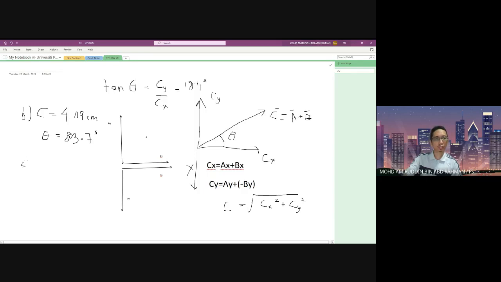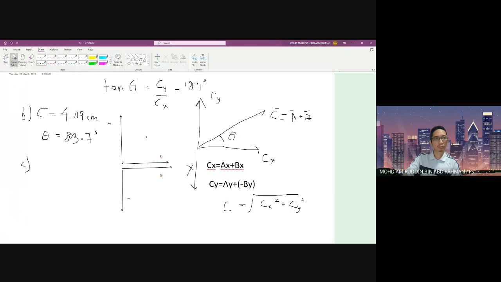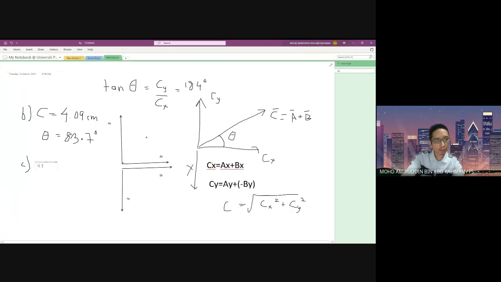That's for B. And then for C, because it is negative, it is actually the same answer as B. The magnitude is similar, 4.09 centimeters, and then the theta.